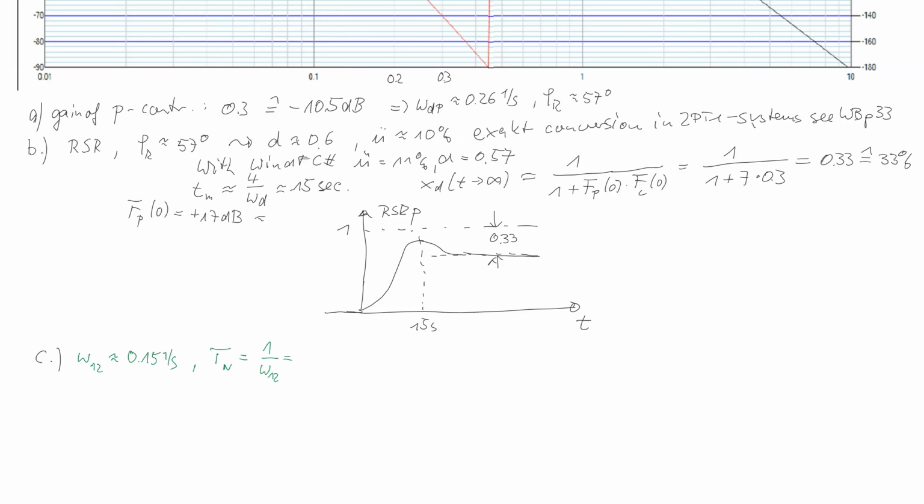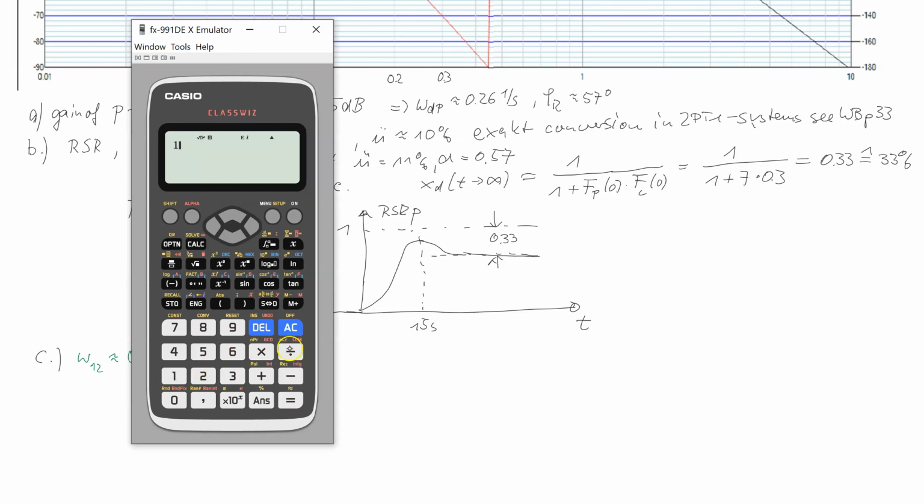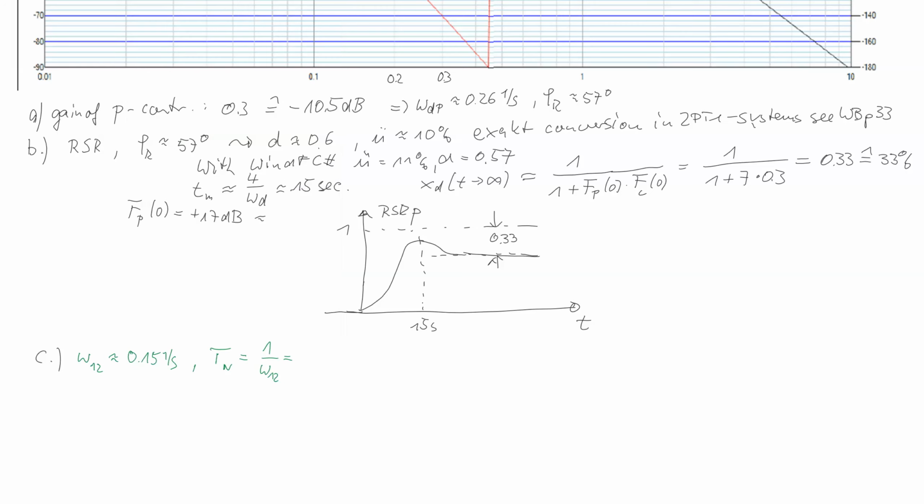This is 1 divided by 0.15, which is 6.7. Let's stay at 6.7 seconds. Okay, this is the negative 12 dB method.